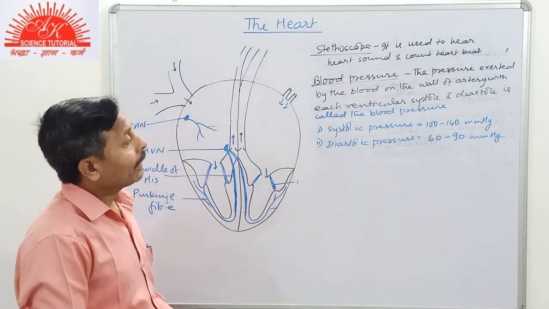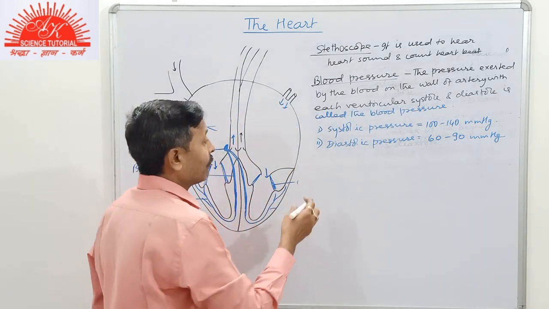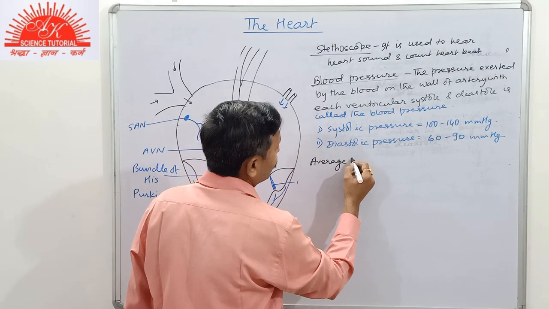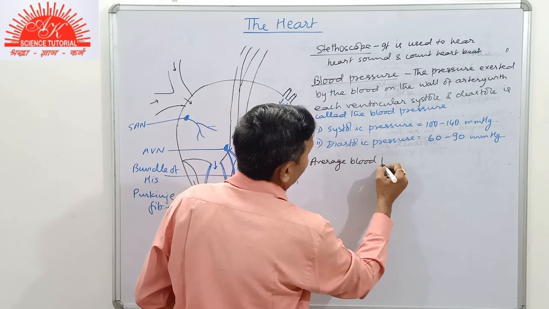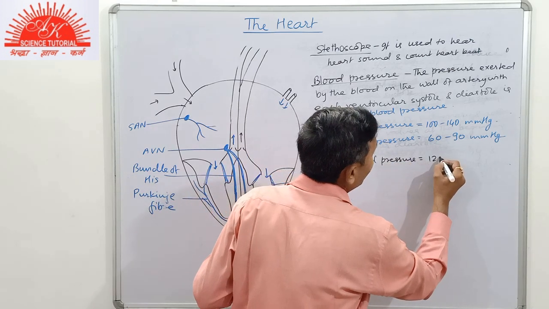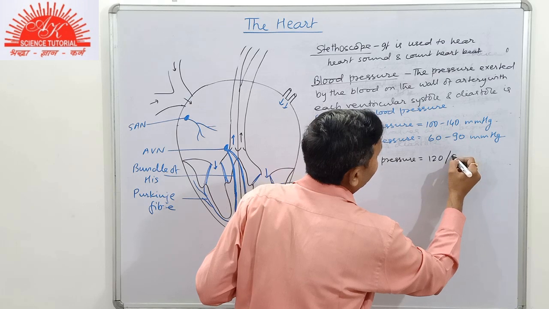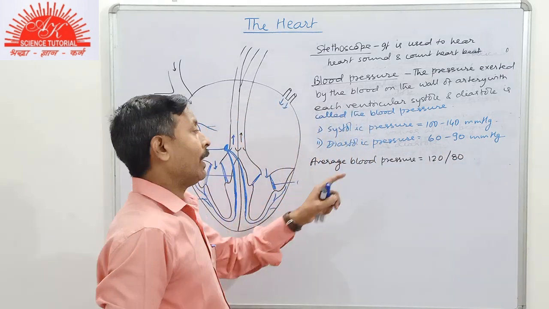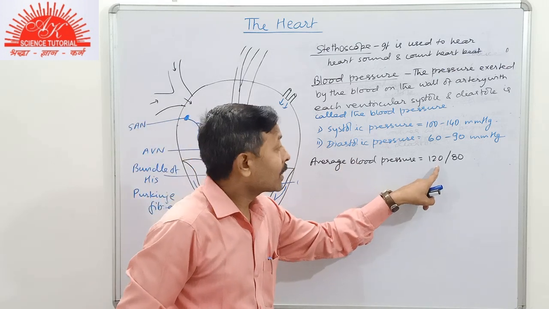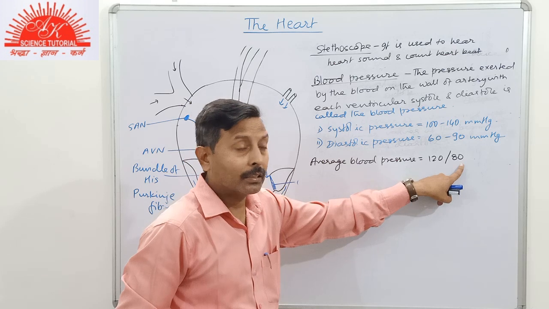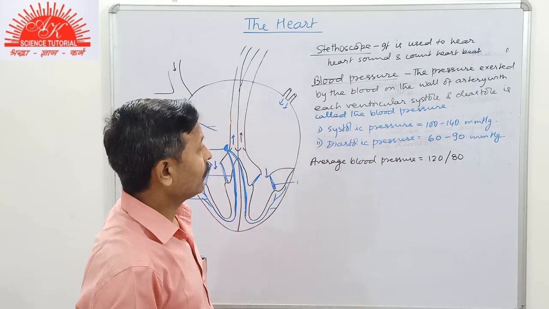The average blood pressure is 120 upon 80 mm of Hg, that is, systolic pressure over diastolic pressure. This is the average blood pressure.